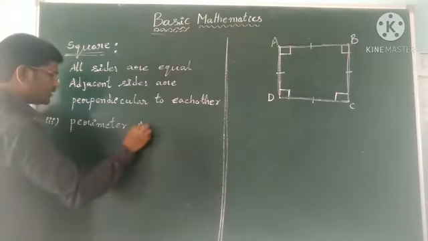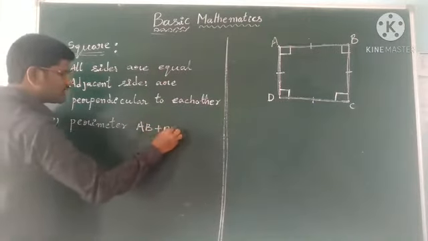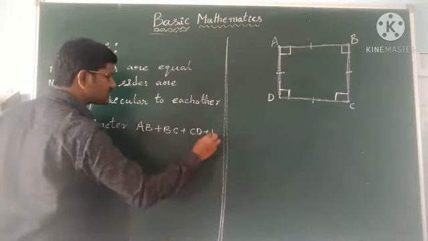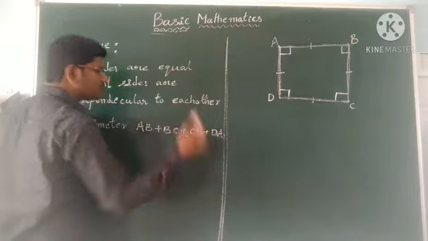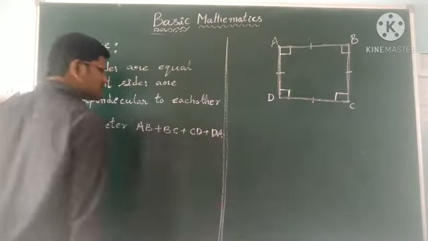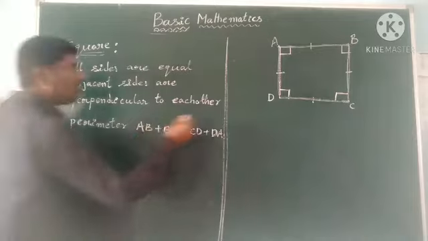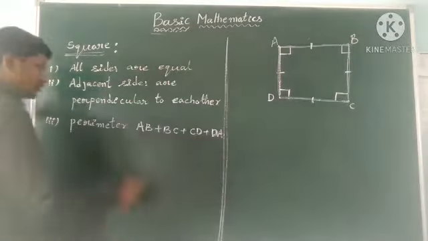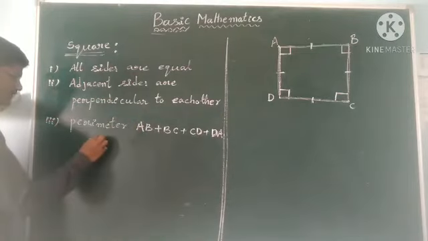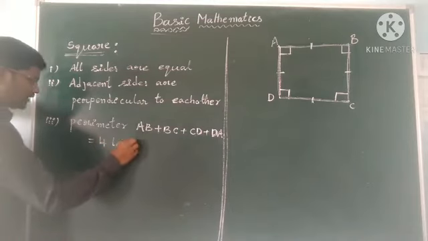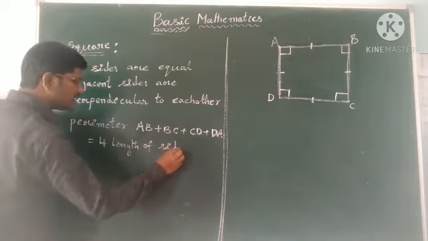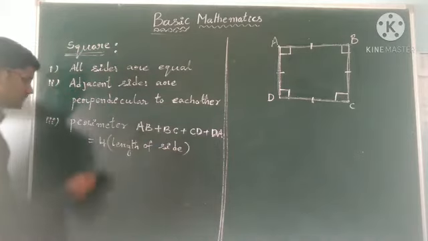So perimeter is AB plus BC plus CD plus DA, and since all are identical in length, that is 4 times the length of a side. Write it, students.